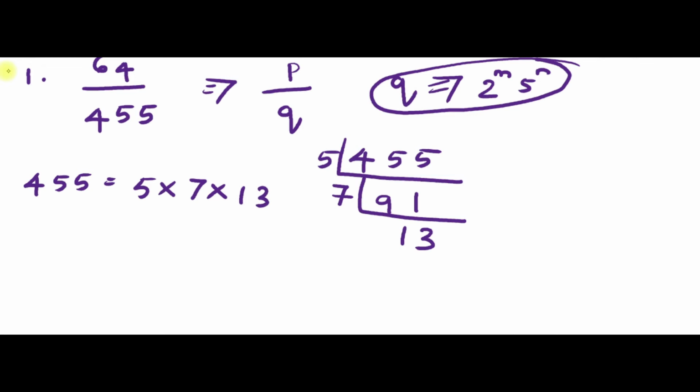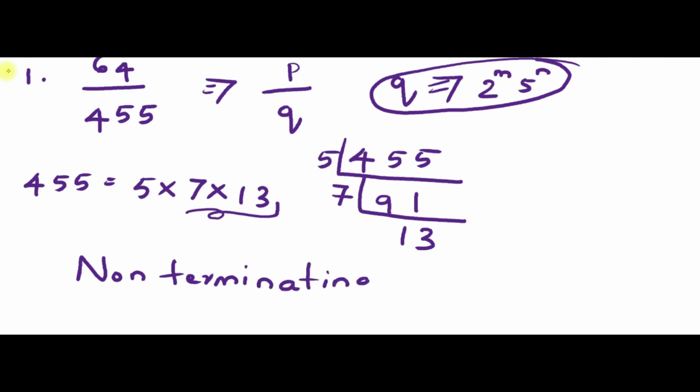It is not of the form 2 raised to m into 5 raised to n because it consists of 7 and 13 as its factors. So this decimal expansion is a non-terminating repeating one.